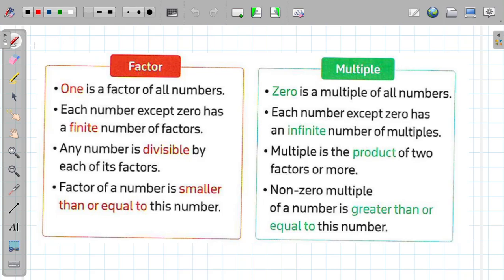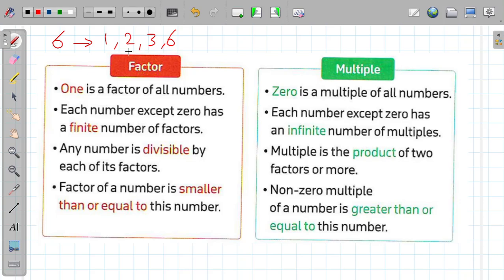So if I want the factors of 6, the factors of 6 are 1 and 2 and 3 and 6, just 4 factors, okay? So each number except 0 has a finite number of factors. Next, any number is divisible by each of its factors. So I can say 6 is divisible by 1, by 2, by 3, by 6.